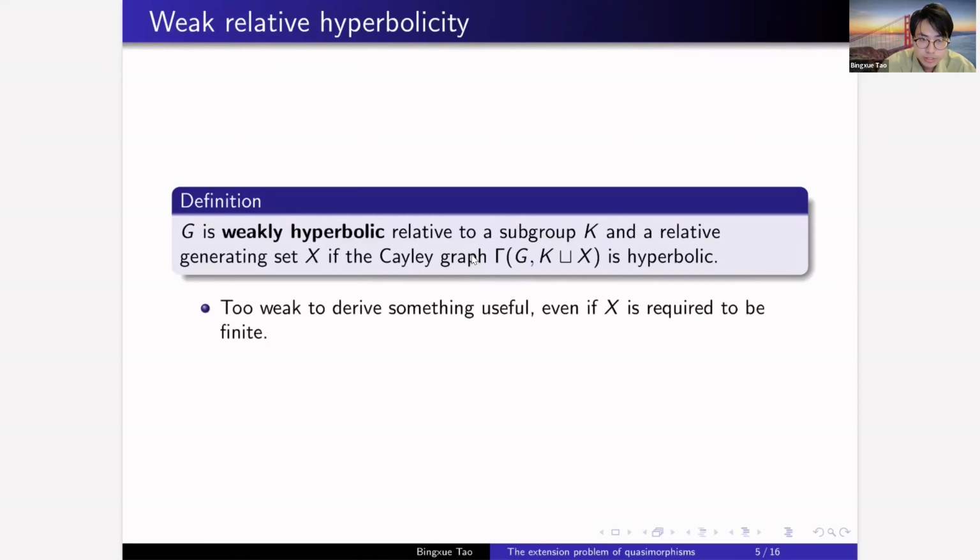However, this notion is too weak to derive something useful, even if we require this relative generating set to be finite. So we need to add some condition.